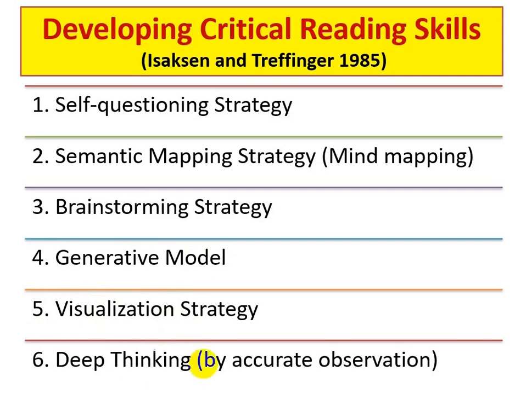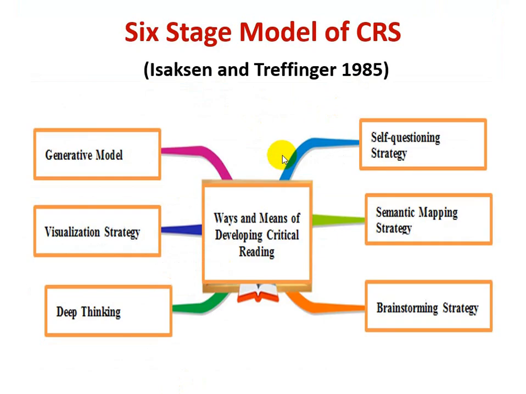Number 6, the deep thinking. The deep thinking is done by accurate observation, to observe every single detail included in the text or the article, whether it is clear or unclear. Then you are thinking deeply. These are the 6 critical reading skills adopted or proposed by these authors. And these are summarized here in this mind map.